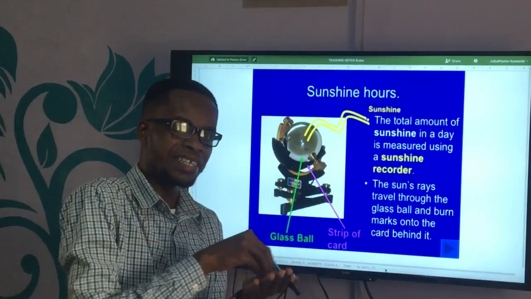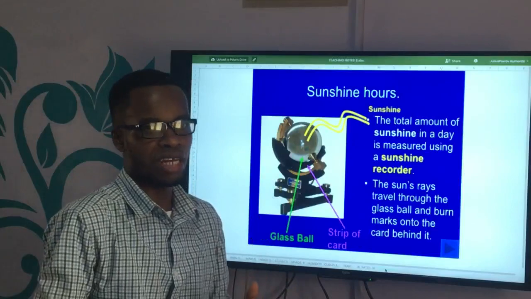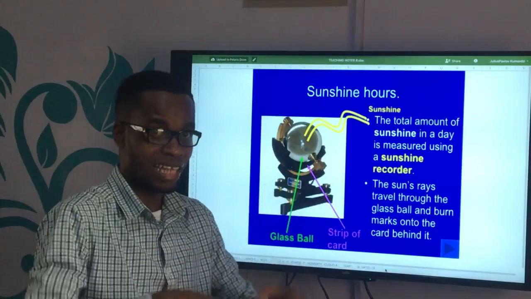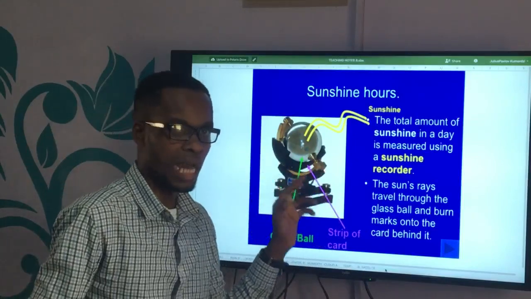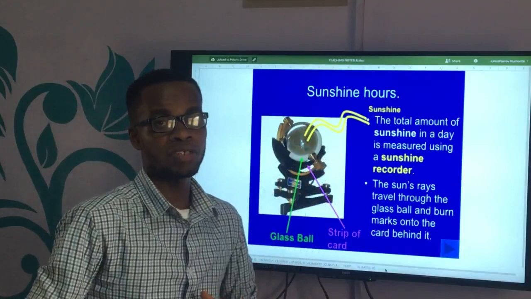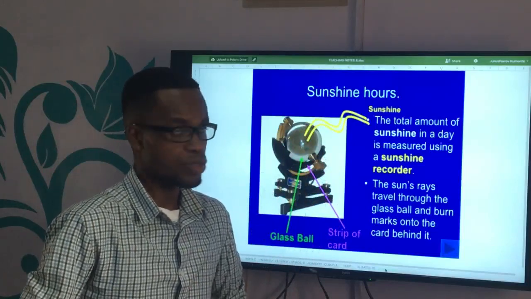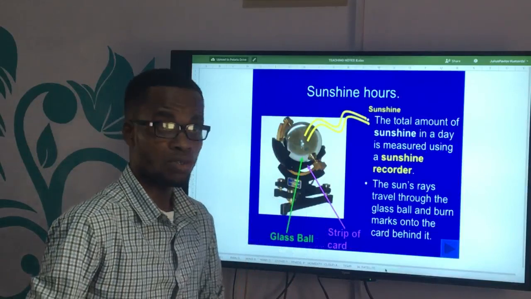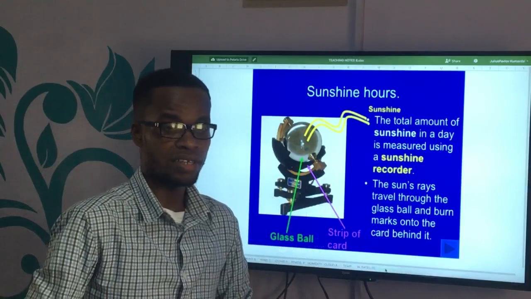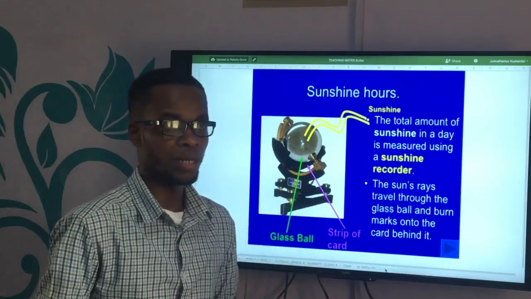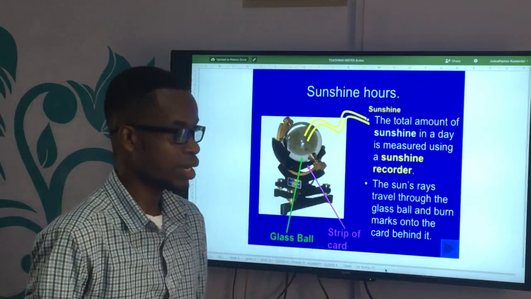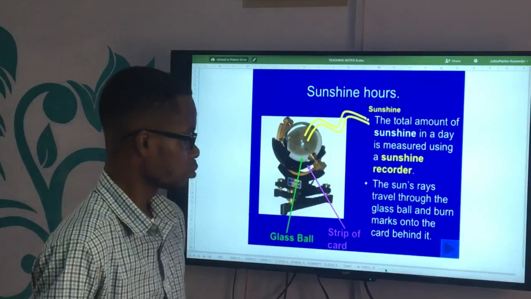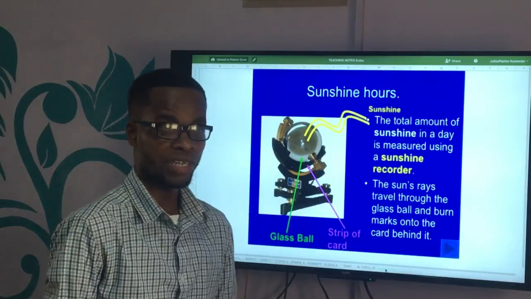So they go there and read it, and they can tell the amount of sunlight by reading the number of bands that have occurred on the card through the reflection of the glass ball. So they are able to determine that and tell us the amount of sunshine or sunlight that we enjoy in a day, a particular period of time. So these are some of the elements of weather.